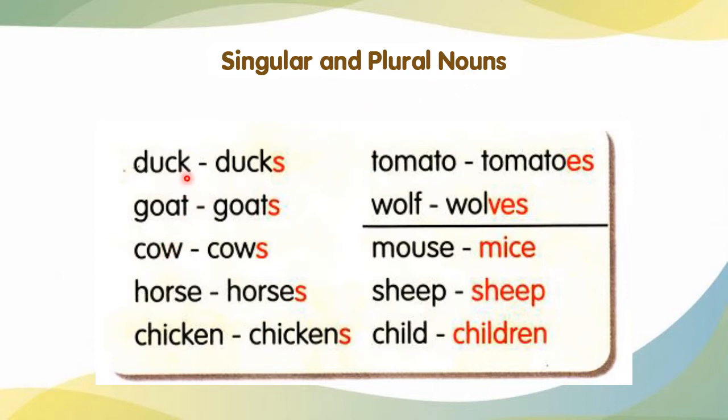In order to make a noun plural, it is usually only necessary to add s or es or ies. For example, duck, ducks, goat, goats, cow, cows, horse, horses, chicken, chickens, tomato, tomatoes.